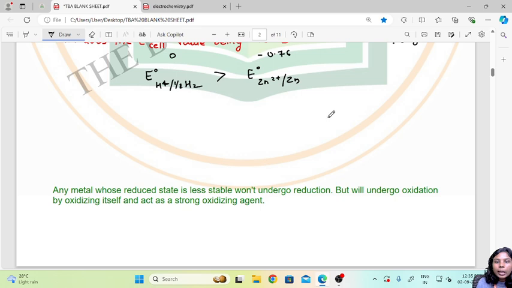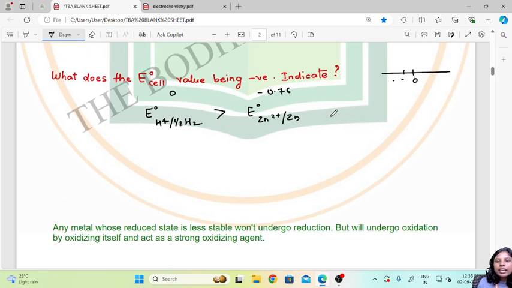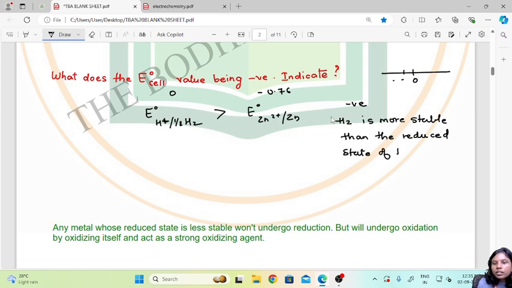Now what does it mean? If the value is negative, we can say that the H2 which is present is more stable than the reduced state of the metal.